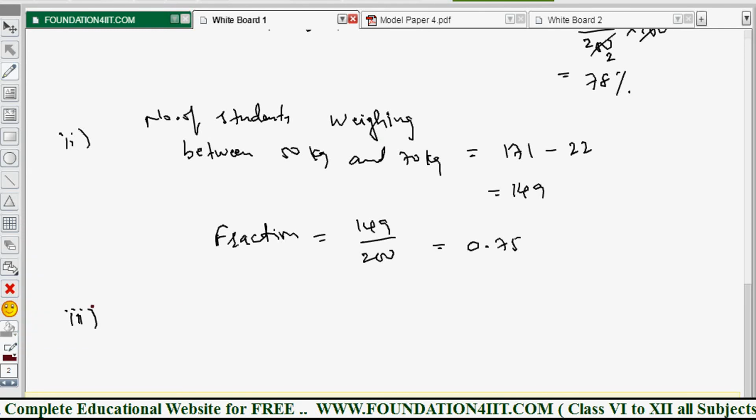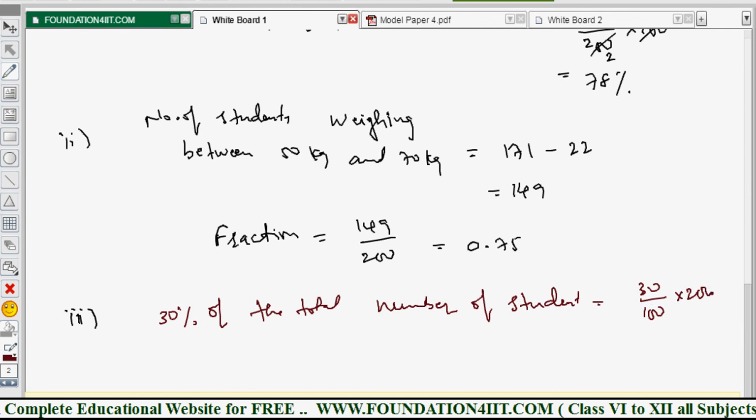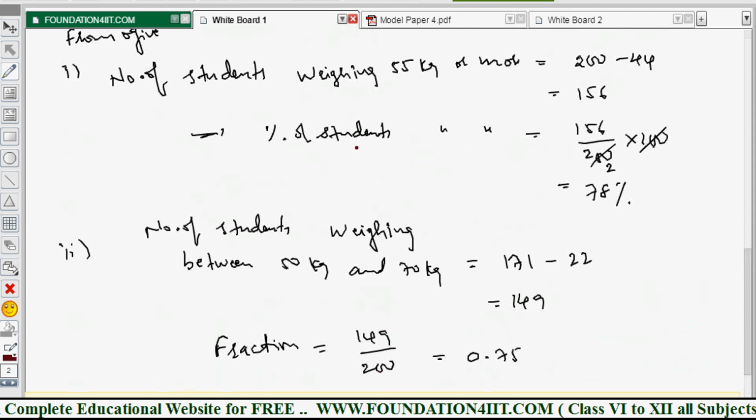So 30 by 100 into 200, that is 60. Now the weight above which we find the 30% of the students: from 60, you take a straight line.